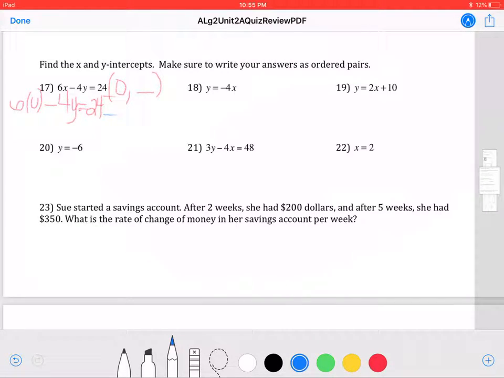The first term cancels. Divide both sides by -4. -24 divided by -4 is -6. Y-intercept.